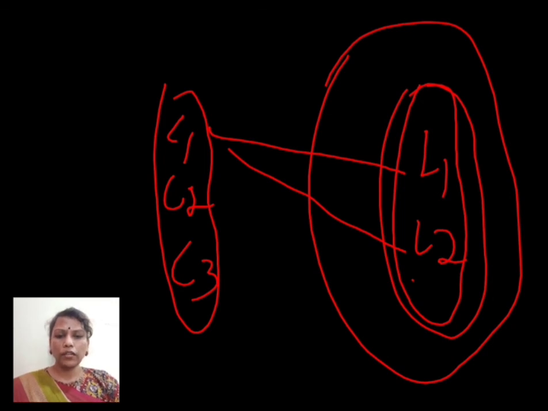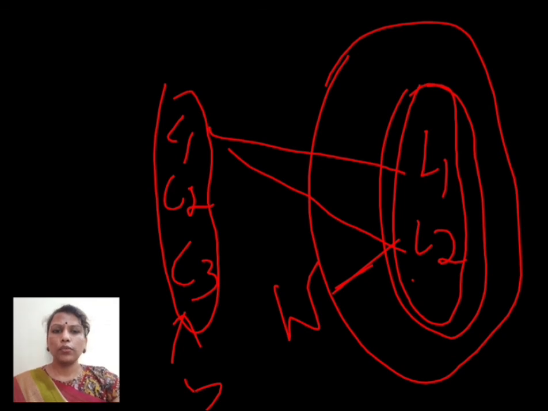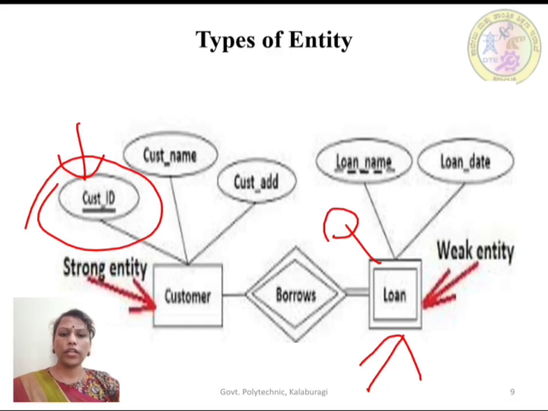So that's why here this is a weak entity, and this does not have a key attribute or primary key. So this is a weak entity and customer is a strong entity. I think you have understood what is weak entity and what is strong entity.